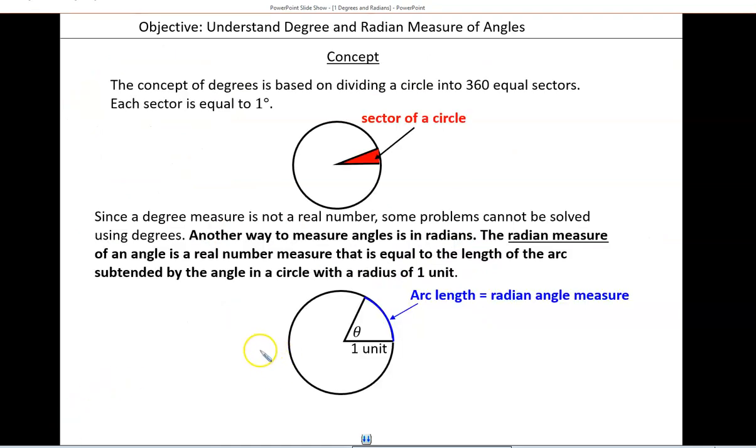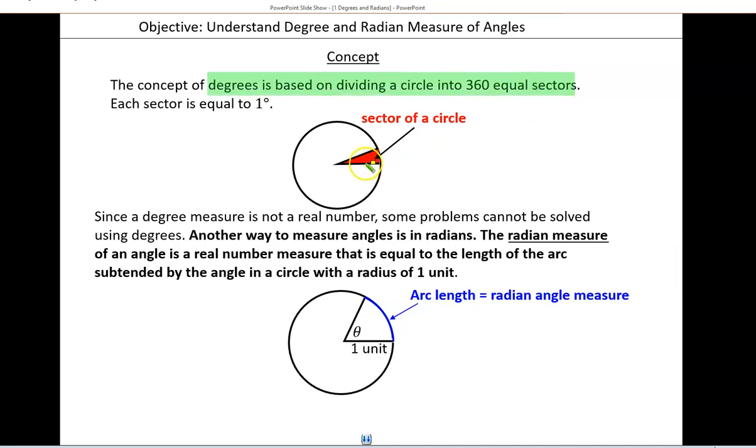All right, so now we're going to introduce our other main type of way to measure angles, which we refer to as radian measure. And I'm just going to give you a quick bit of information about the difference between the 2 measurements. Our degree measures that we are familiar with up to this point are based on taking a circle and dividing it into 360 equal sectors.